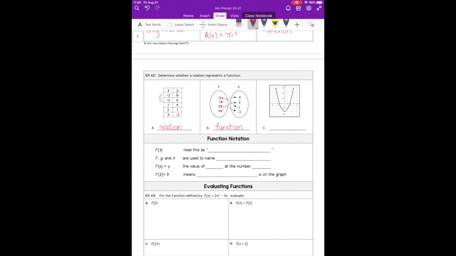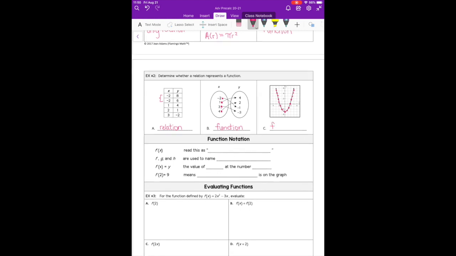When you see a parabola graphed this way, you should think quadratic function. So that kind of gives you a hint as to the answer. But if you're asking yourself why that is the answer, think about every point on here. Every x value only has 1 y value. So that is why it is a function.